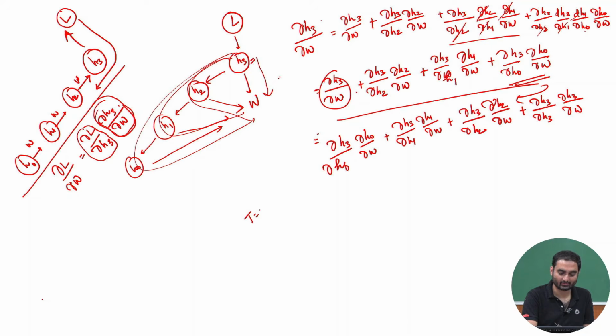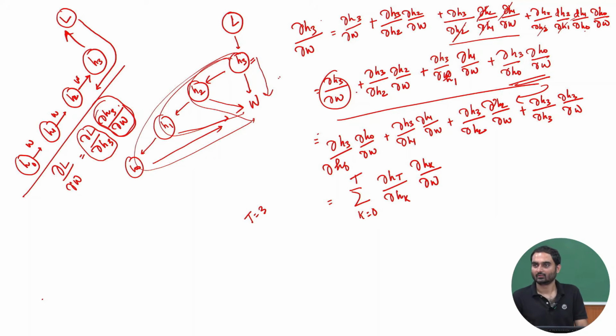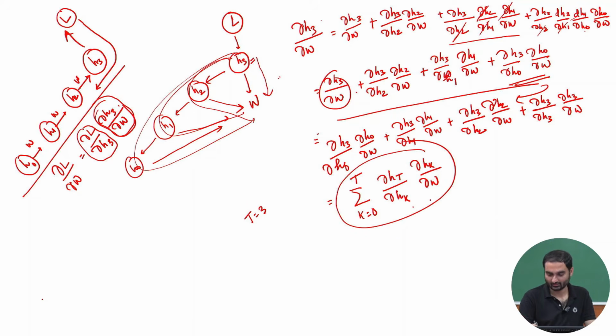Here let's say t equals 3, the third stage. Can I write it as the sum of k equals 0 to t of dHt/dHk dHk/dW? This is the actual derivation.